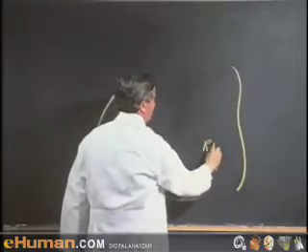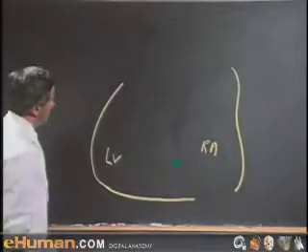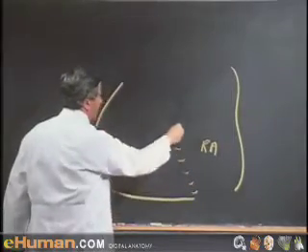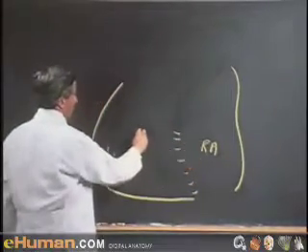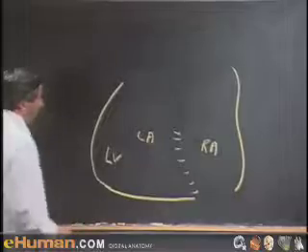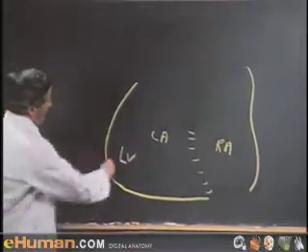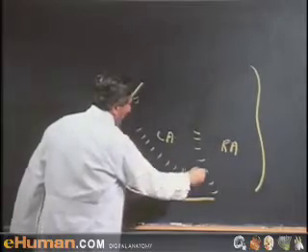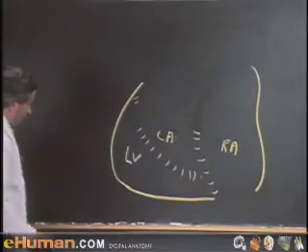And then over here we can indicate the position of the right atrium, and we can indicate the position of the groove coming up here between the right atrium and the left atrium. And here is the groove coming down in this direction for the coronary sinus.